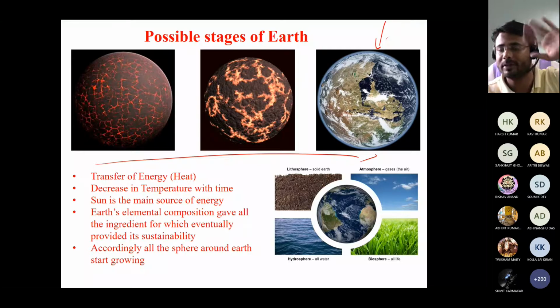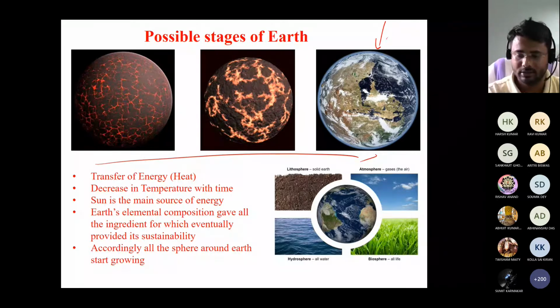All this distribution, where the Pacific Ocean is, where the Indian Ocean is, whatever we have today, it is solely different if you compare with the earliest stage of the earth.